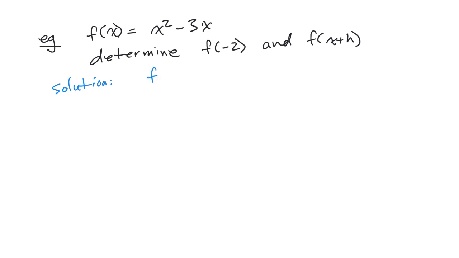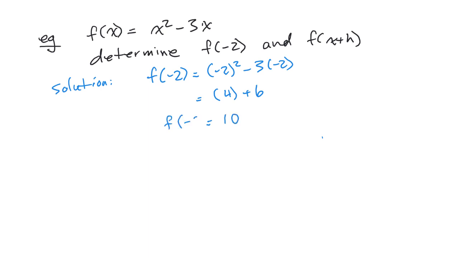If I have f at negative 2, that equation turns into negative 2 squared minus 3 times negative 2, which is equal to 4 plus 6, which simplifies to 10. So f at negative 2 is equal to 10.